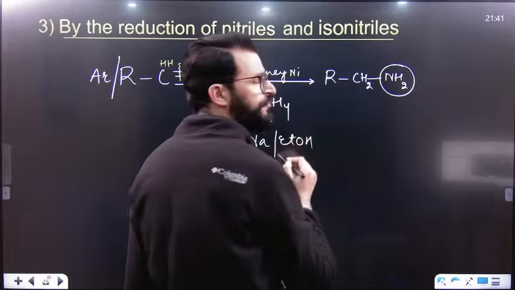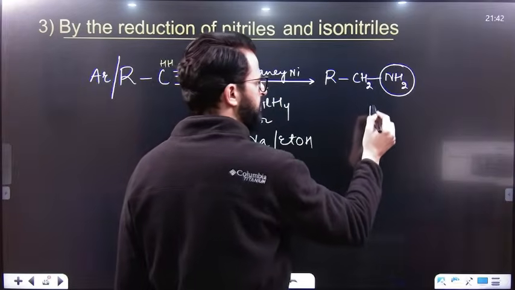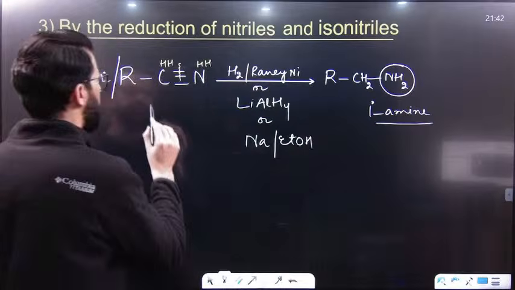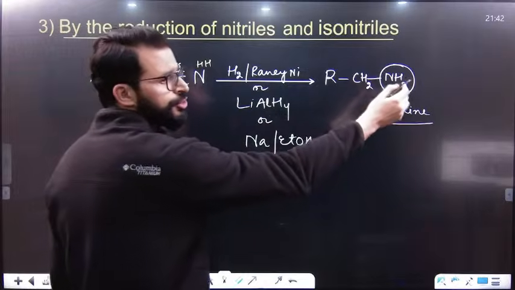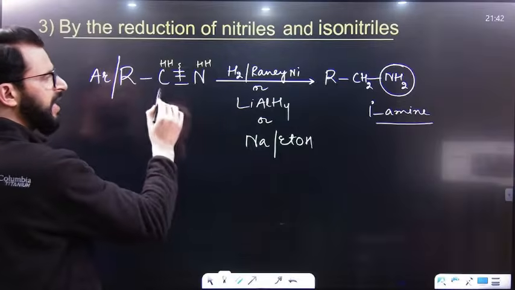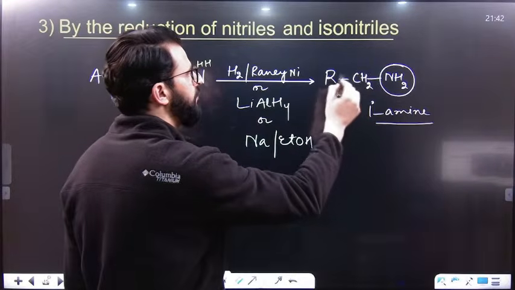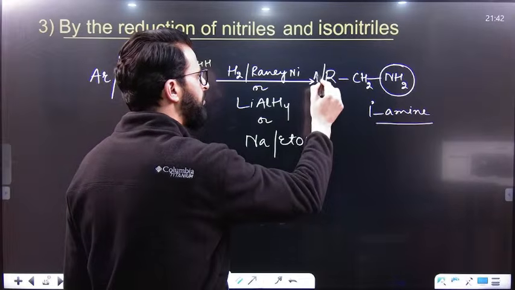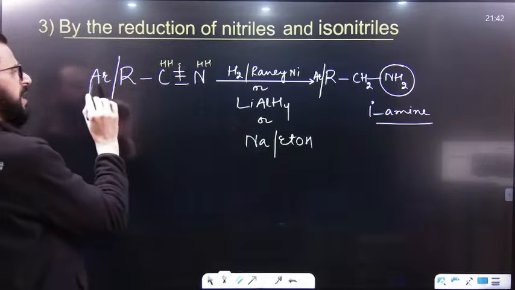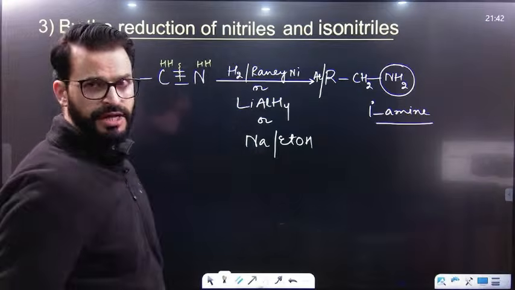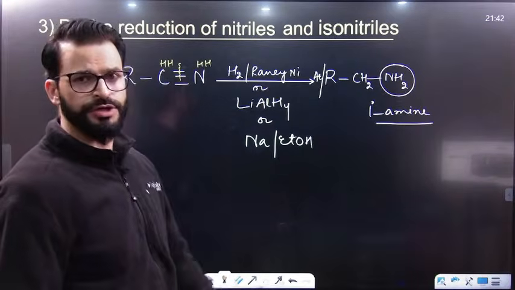Whenever you have the functional group NH2, this is known as a primary amine. So if the starting material is RCN, we will get RCH2NH2. That means from cyanide, or nitrile, we get an aromatic or aliphatic primary amine, depending upon whether the starting material is an aromatic or aliphatic nitrile. I hope this is clear to each and every one.